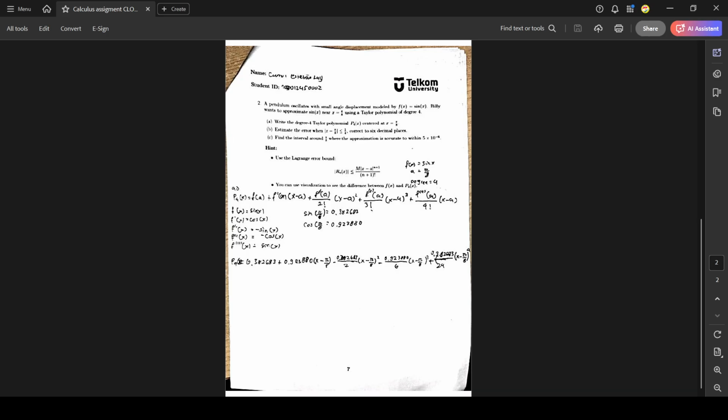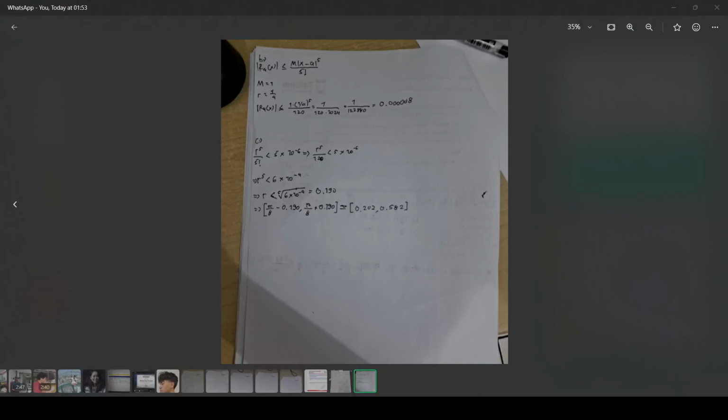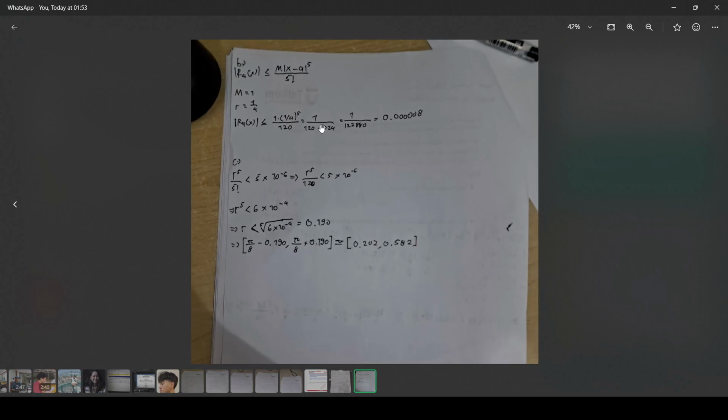Okay, let's continue. I'm sorry, I forgot to put my B and C work in the PDF, so I'm going to explain this part like in the picture.